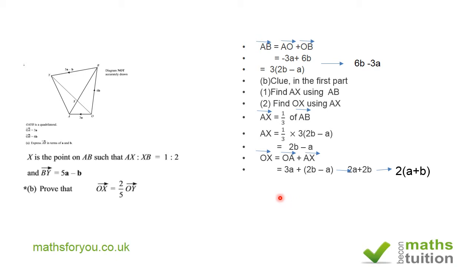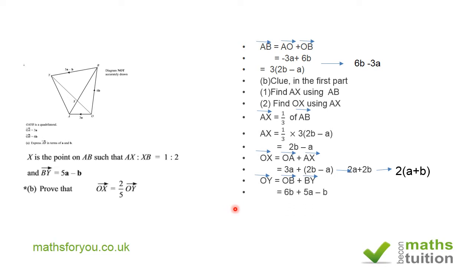Right, now we know OX. Now we need to find OY. How do we find OY? To go to OY, we can go from O to B and from B to Y. So O to B is 6b and B to Y is 5a minus b.